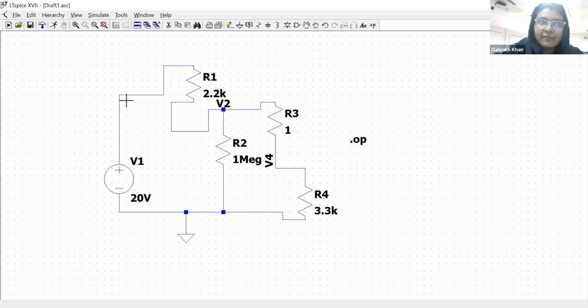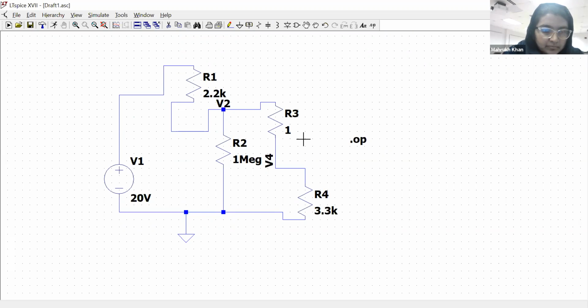So if you have a 1K resistor, your R load should be 100K at least, 10 raised to power 2 times greater. Then your V out will be within this range. So you should mention that your R load should be 100 times greater than your R out.